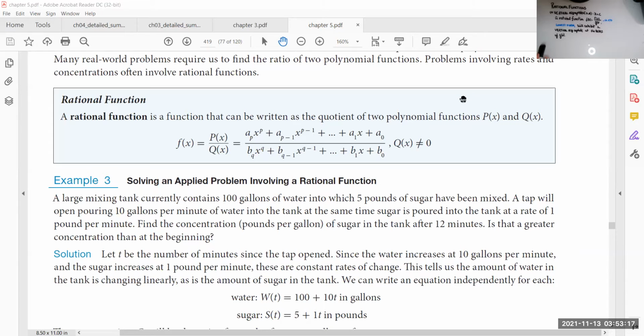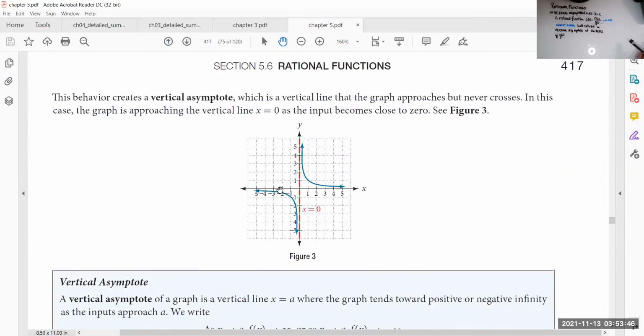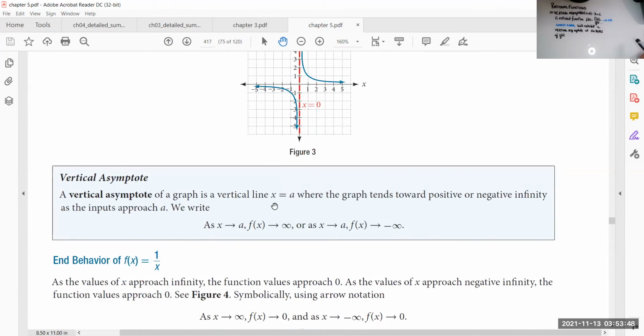Before we continue the discussions, let me review, of course, the definition of rational function. As I said, it's the quotient of two polynomials, P of x over Q of x, where Q of x is not 0. So talking about vertical asymptotes, let's see the definition of vertical asymptote. As I mentioned before, x equals c or x equals a.